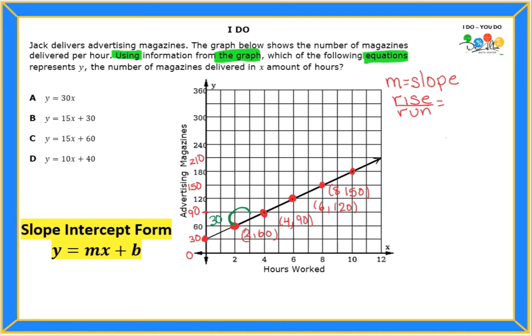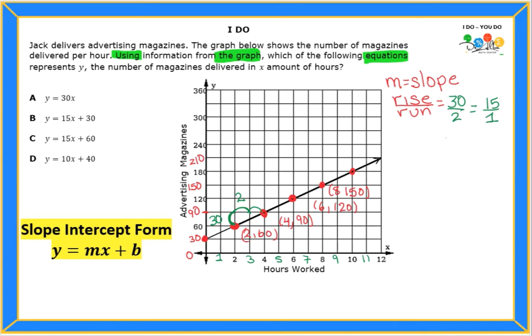Because look, that's a 0 and that's a 2. So this will be a 1, 2, 3, 4, 5, 6, 7, 8, 9, 10, and 11. So we are counting by ones, right? So that's 1 and 2. So my rise over run will be 30 over 2, which is the same as 15 over 1, or 15.